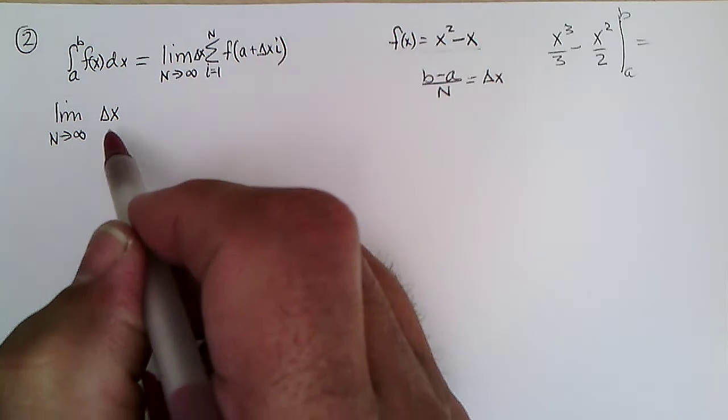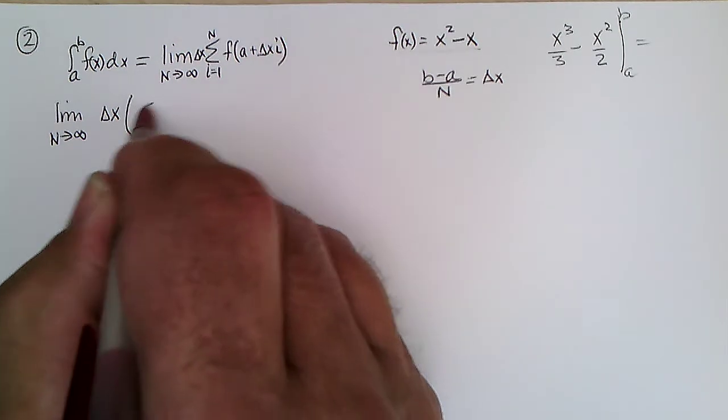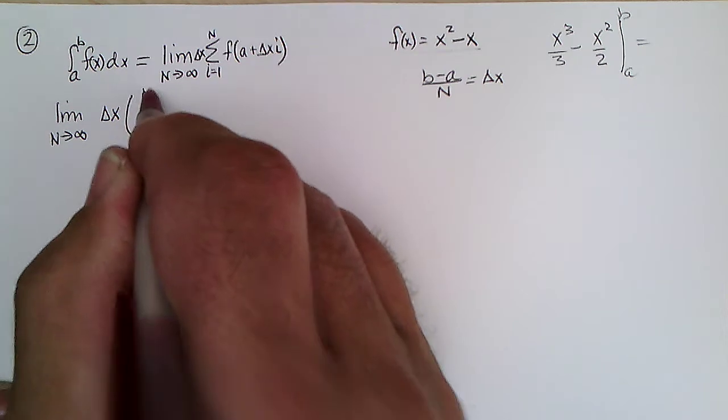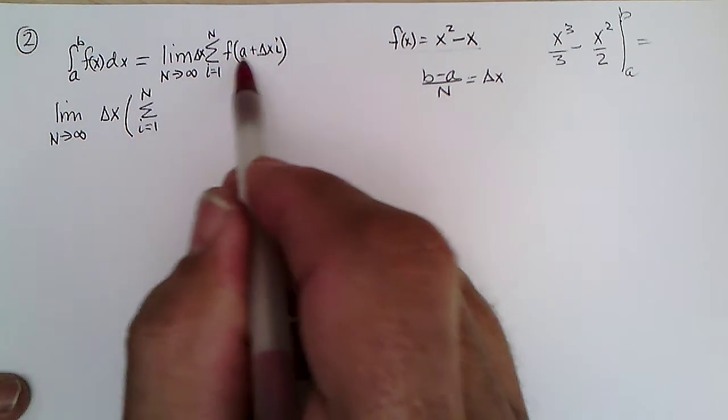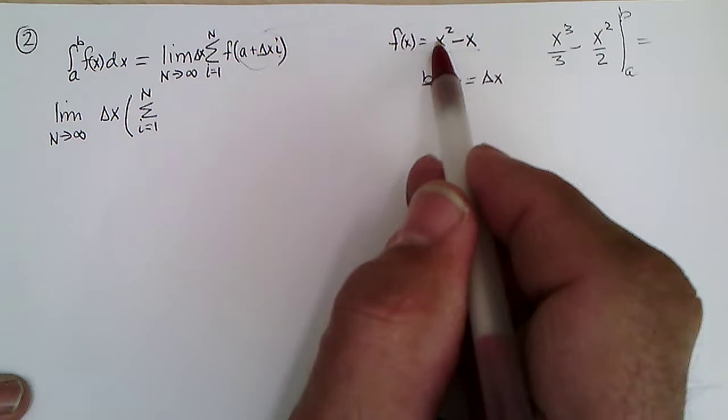Width of the interval times the sum as i goes from 1 to n of f of this. So I've got to plug this in for the x's.